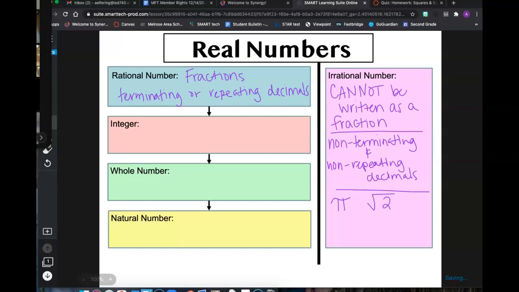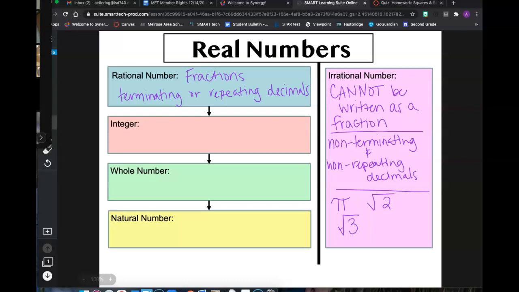If I did the square root of 2 in my calculator, it is not a nice number. It ends up being like 1.414213562. And again, it doesn't end, it doesn't repeat, so it's not very nice. The square root of 3 is not a nice number either. So those types of numbers are what we would call irrational numbers.